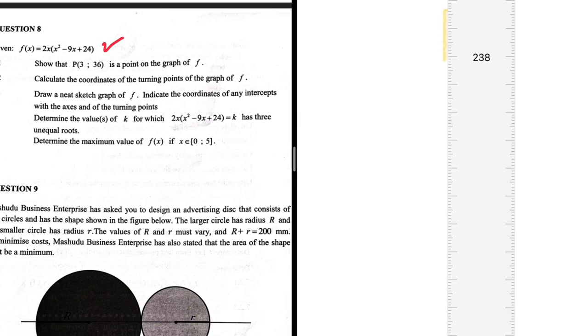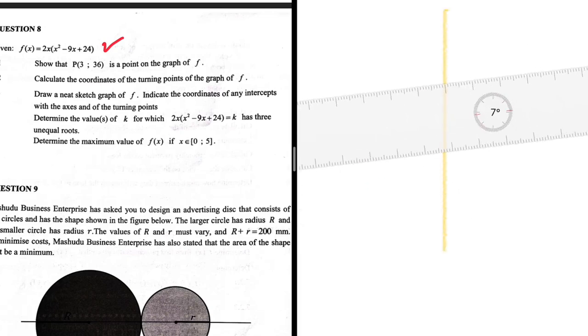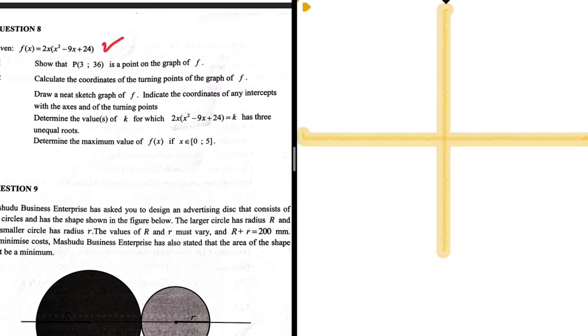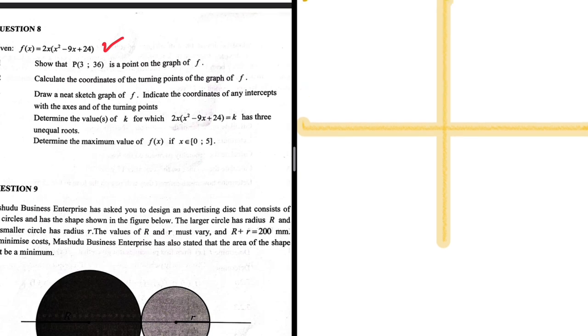So our axis, that is the y, this is the x. Okay, let's start with the intercepts. Right here at the origin, we have an intercept. We are interested here in the origin.